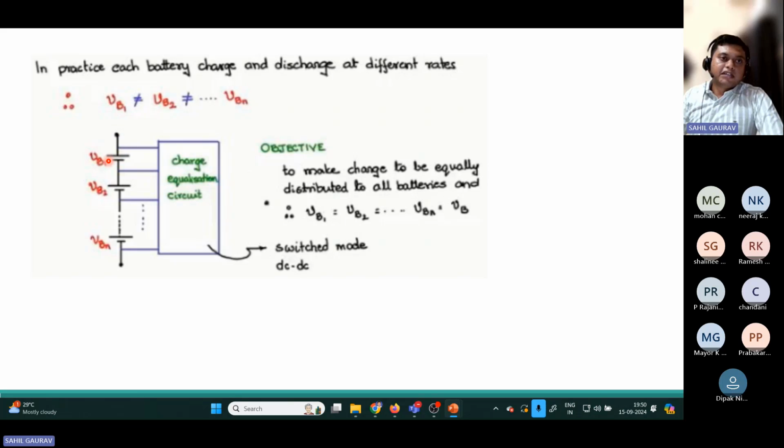If you connect some batteries in series, then it is not necessary that all the battery voltages are at the same level.